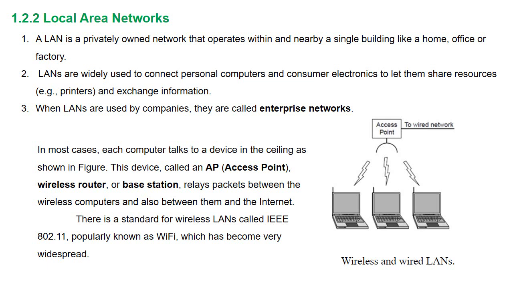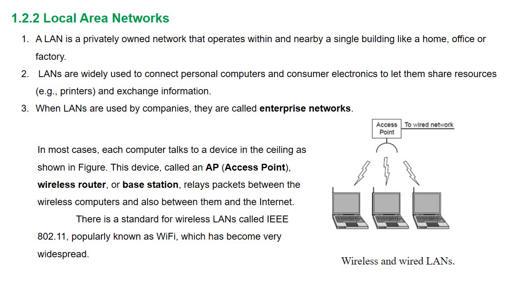It is widely used to connect personal computers and consumer electronics to share resources or transfer information. For example, a particular printer can be connected with 10 or 20 machines, and LANs used by companies are called enterprise networks.